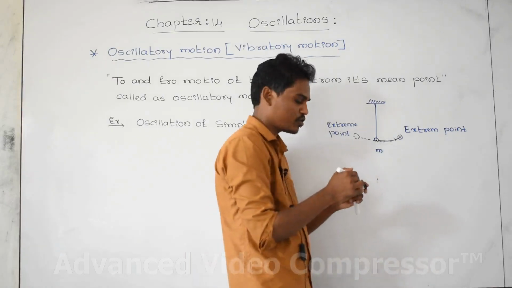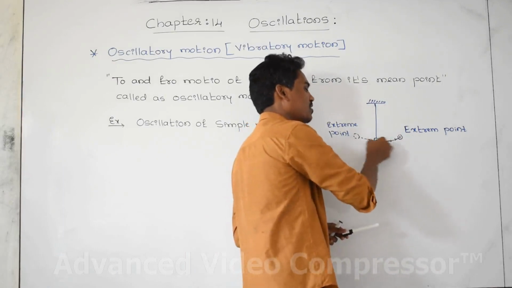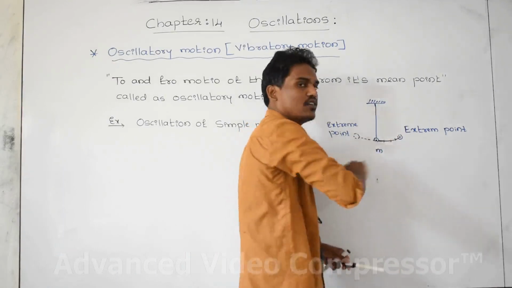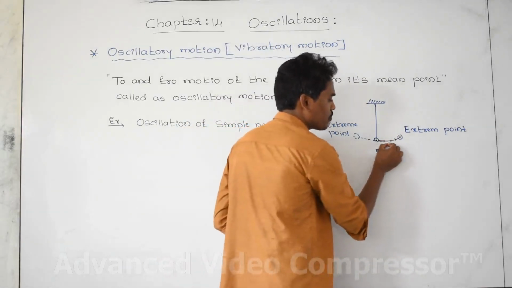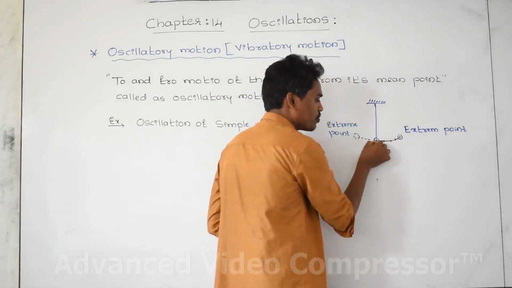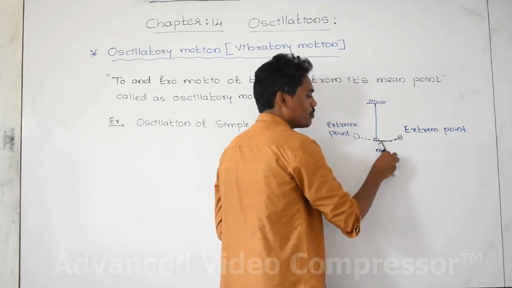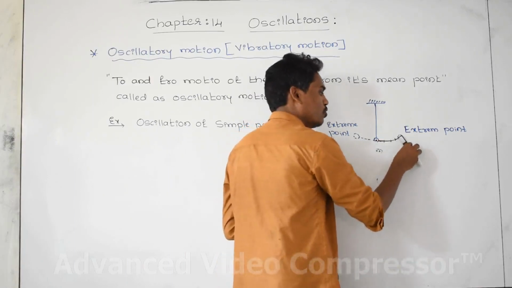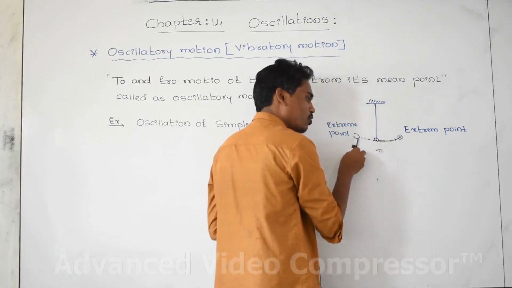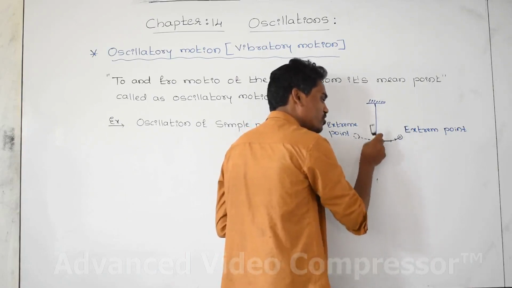Whenever the body is in motion, this is the first cycle, second cycle, third cycle, fourth cycle, and it goes on continuously. This is to, this is fro, again to, again fro. From which point?